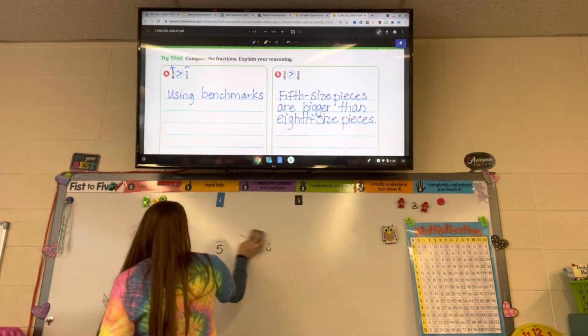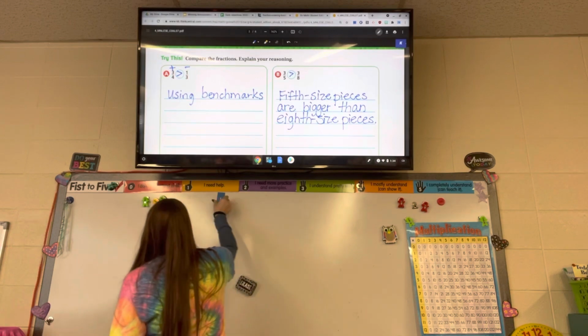So when you have the same number of pieces, you look at the size. Okay?